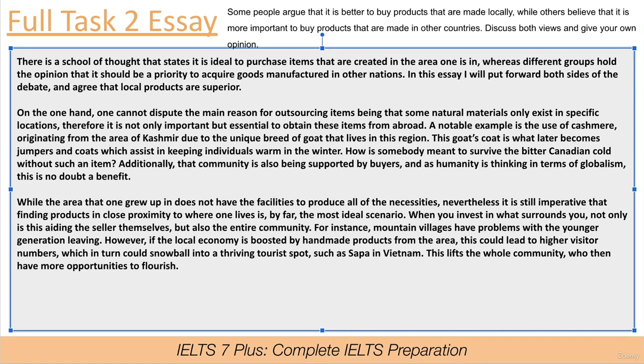Okay, let's read this back and see how we like this second one. While the area that one grew up in does not have the facilities to produce all of the necessities, nevertheless, it is still imperative that finding products in close proximity to where one lives is, by far, the most ideal scenario.